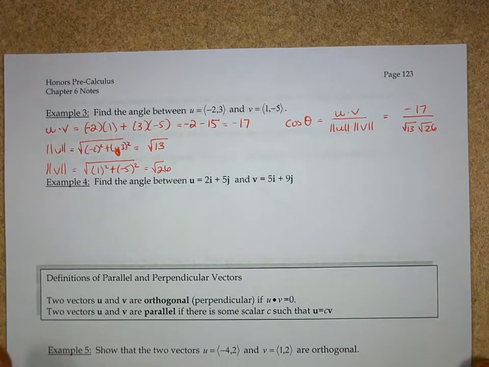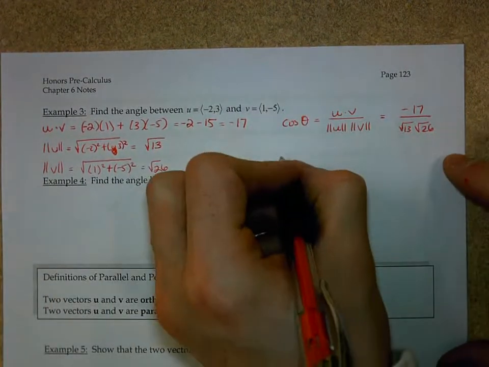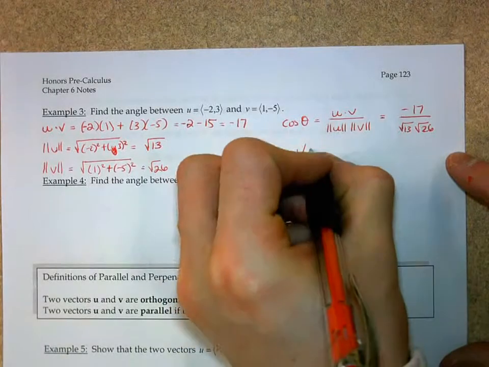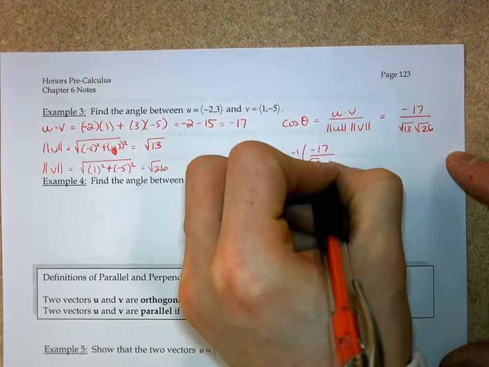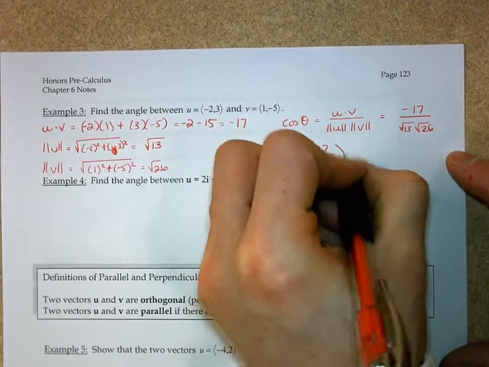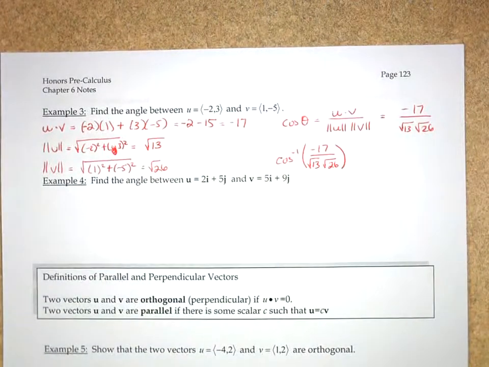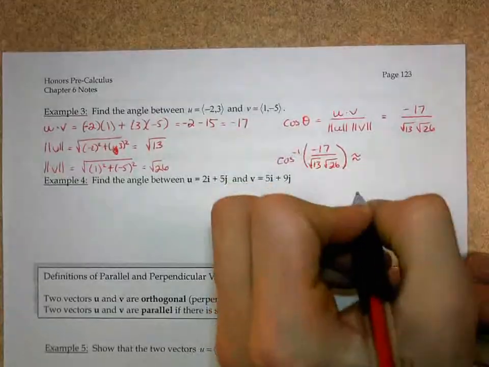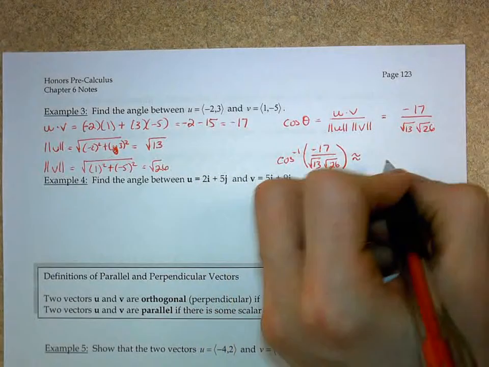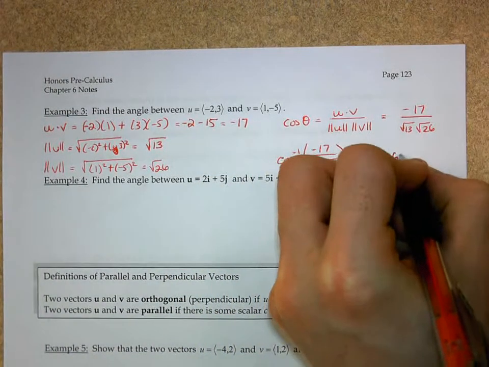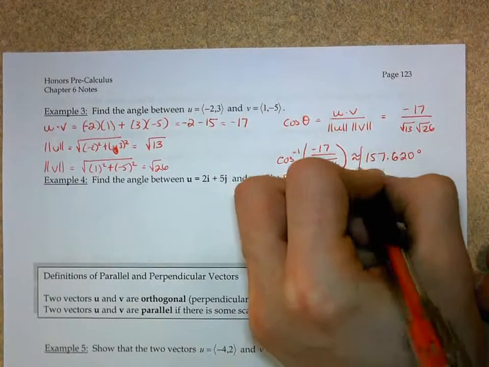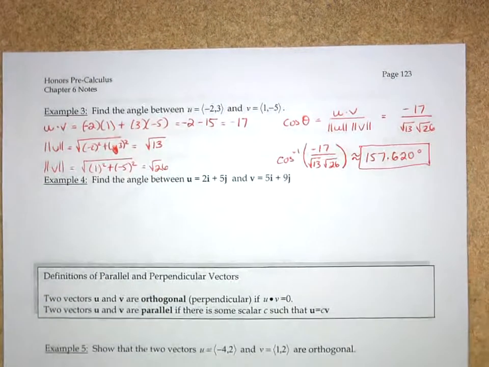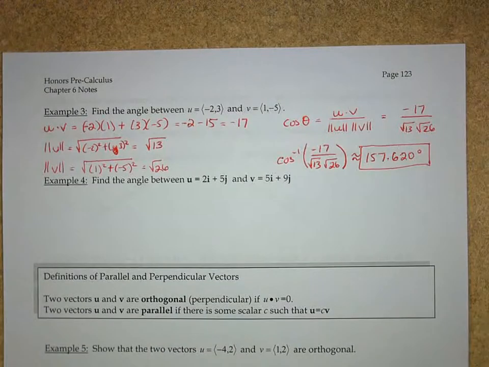I need to get that theta by itself. So then I'll take the cosine inverse of this expression. You don't need to worry about rationalizing because we're just going to plug this straight into the calculator. And if I do that, I get approximately 157.620 degrees. So that's my angle between those two vectors.